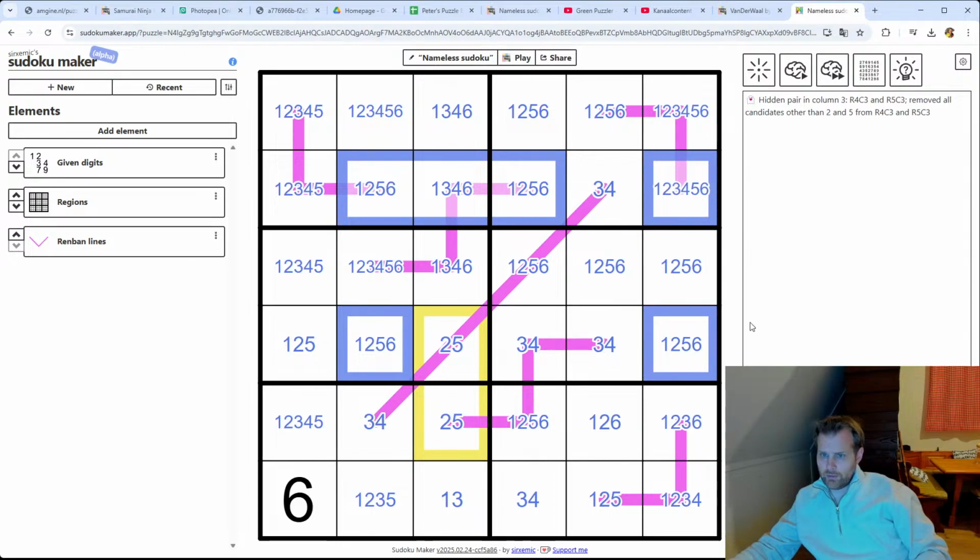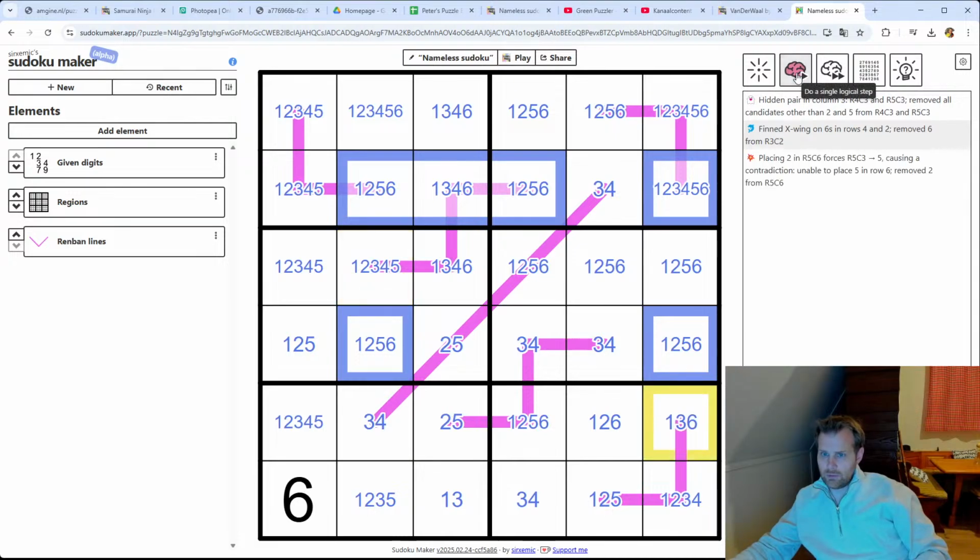So either this is true or that is true. So that means this is not a 6. Okay. Placing a 2.